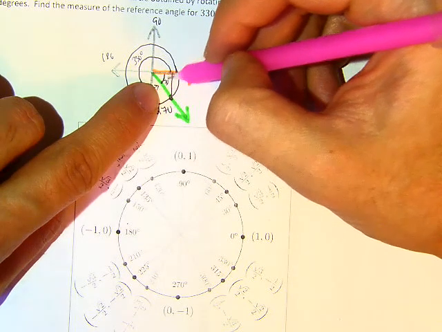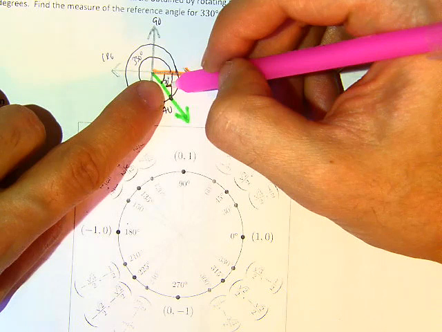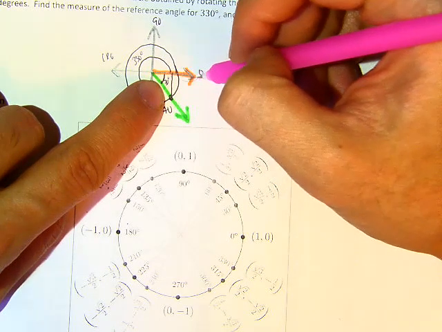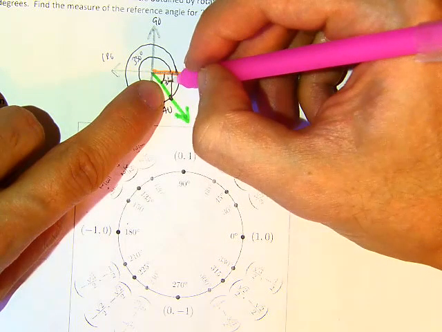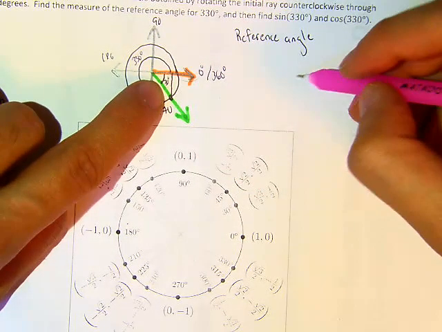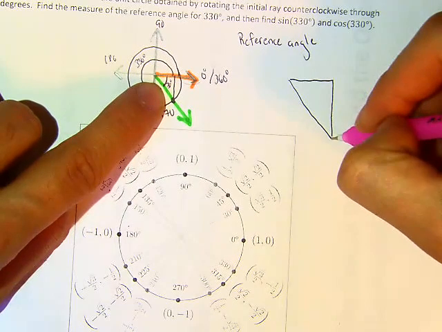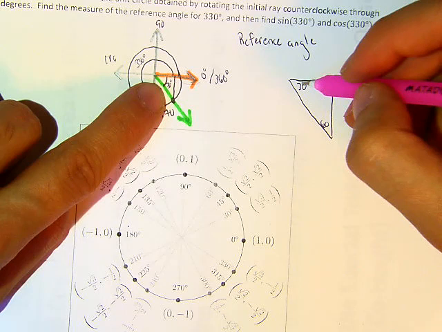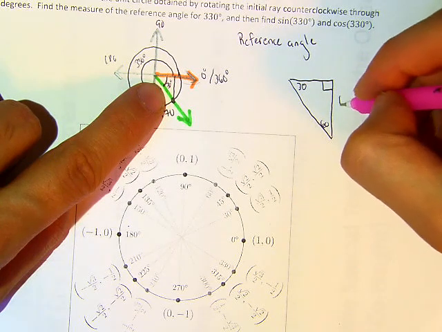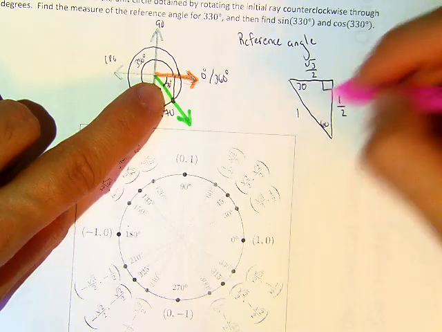How much more is left to get to the x-axis? Remember, this is a 0 or 360-degree rotation. It's 30 more. So we're using this triangle of 30, 60, 90. We know this should be a half, this should be square root of 3 over 2, and this should be 1.